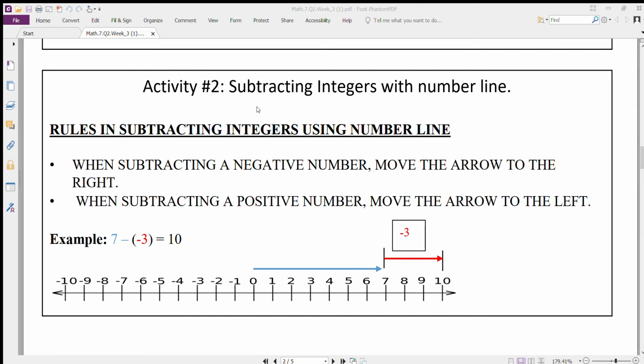How about negative 5 minus negative 2? Negative 5 stays the same, minus becomes plus, and negative 2 becomes 2. Here's the thing again: two signs become one sign. Okay?